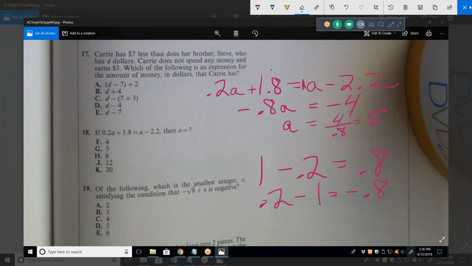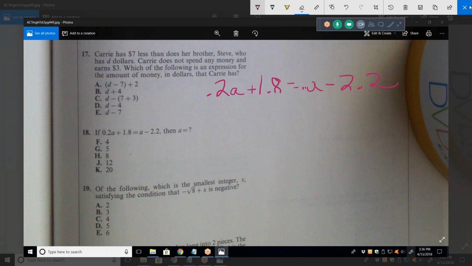I don't like negative numbers. I've never seen a student yet that was better with negative numbers than they are with positive numbers. So when I'm trying to decide which side to put my variables on, I'm going to put it on the side that results in a positive coefficient.